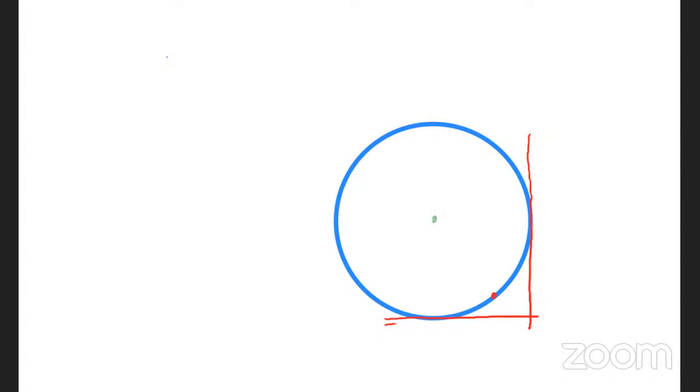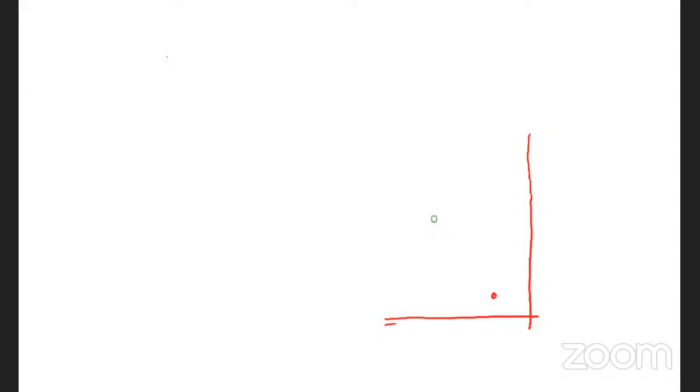This is the R. Can you see now the radius R? Never mind.